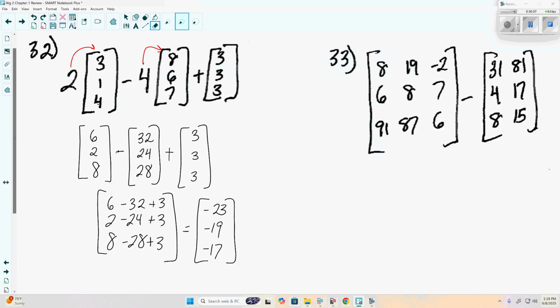What is it? Undefined. Why is it undefined? Because the dimensions are different. I might throw one of those on the test.